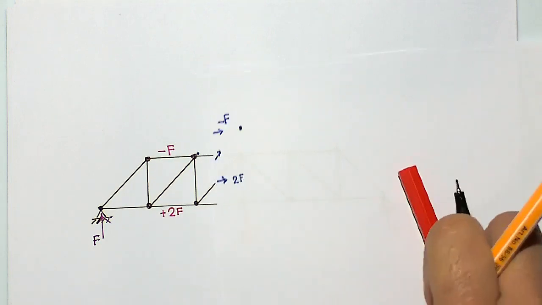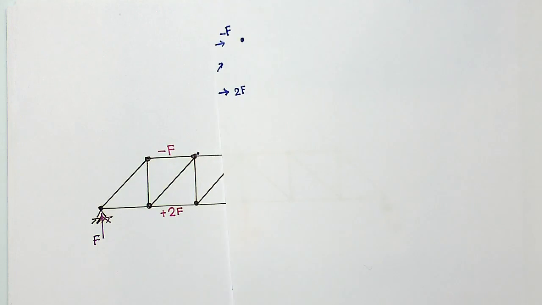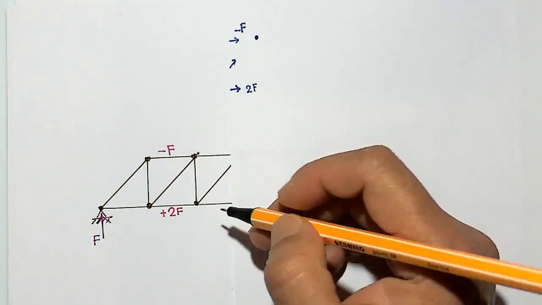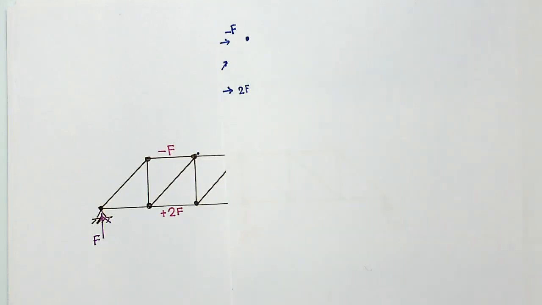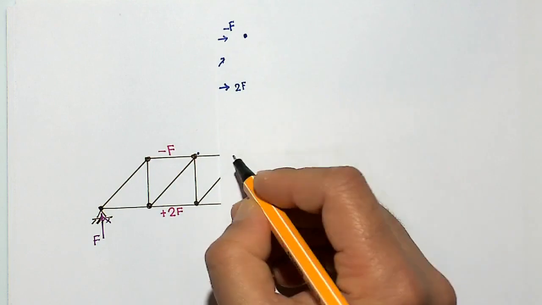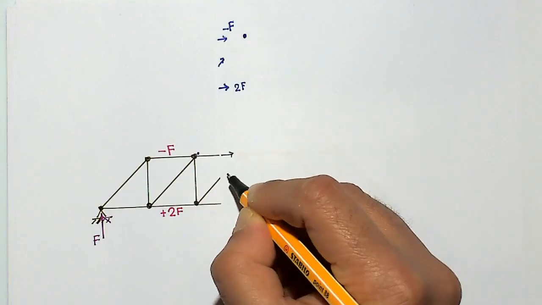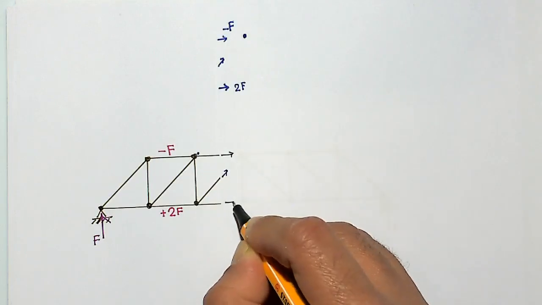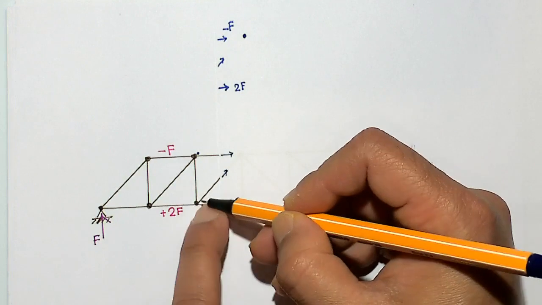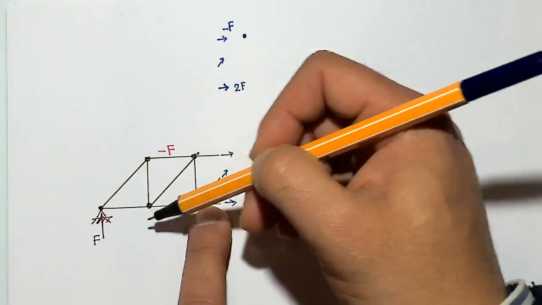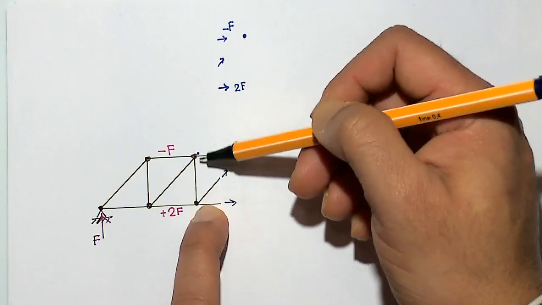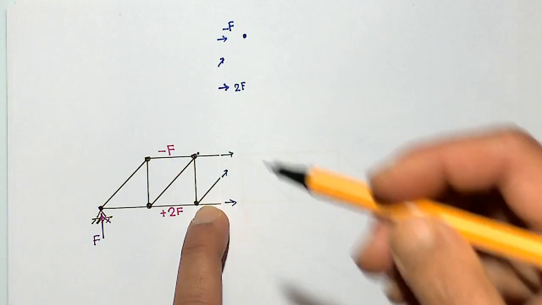What about these two members? Again, if you take a cut at this point, you will have forces in this direction. If you take moment about this point, that is F times twice the distance, which must be balanced by this force times twice the distance.